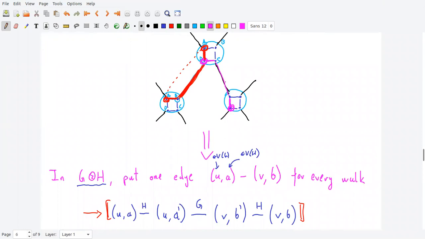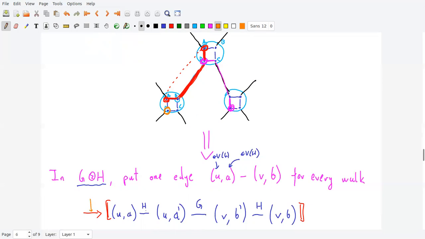Let me repeat, because this might have been confusing. I stand in a vertex of G zigzag H. How many ways do I have of making a walk of length 3 looking like that?